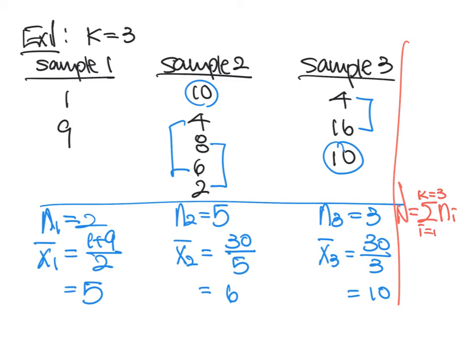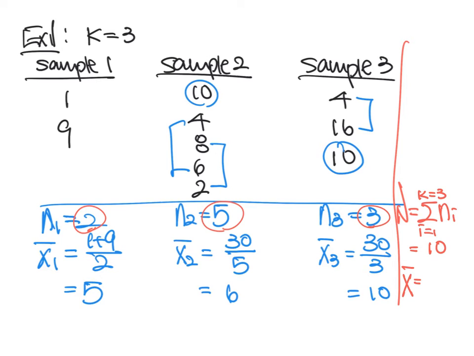Now k equals 3, so we just add up 2, 5, 3. The big N will be 10. It's good, right?